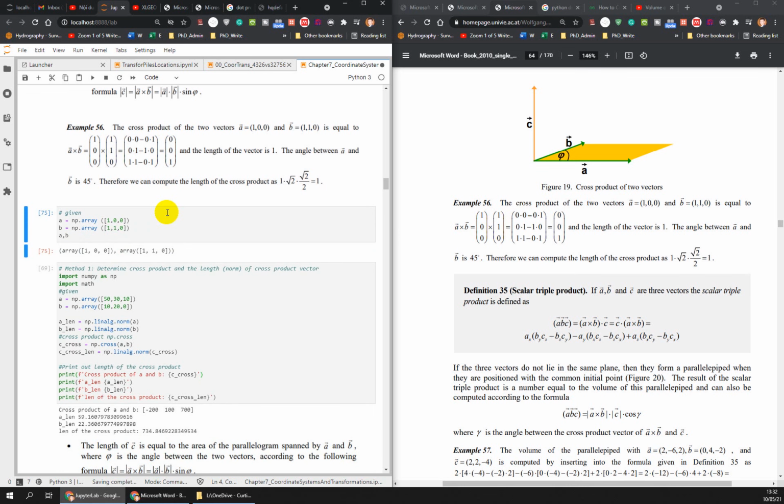What we need to do is determine the cross product of A and B and determine the length of that cross product vector.